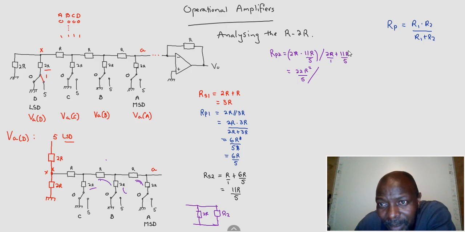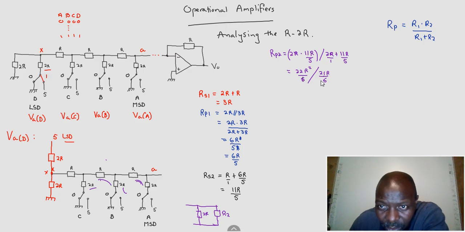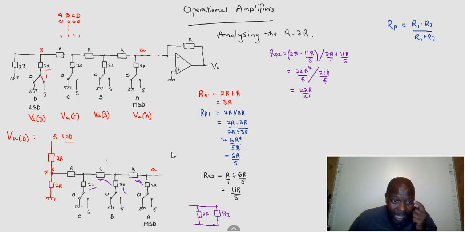That's 10R plus 11R, that's 21R over 5, because we've changed both to 5, so we can add them now. So 5 resolves 5, R resolves one of those, and we've got our value as 22R over 21. That is R parallel 2.